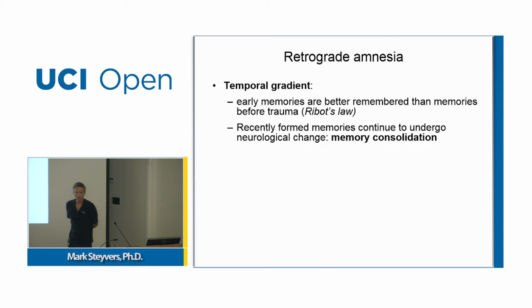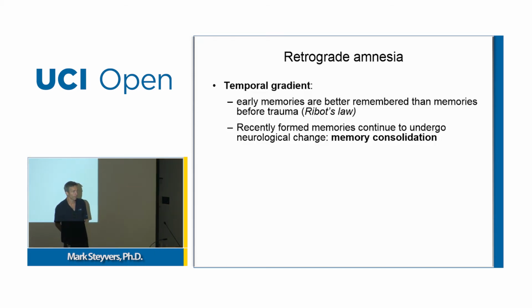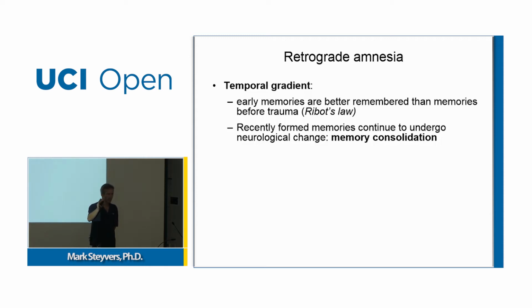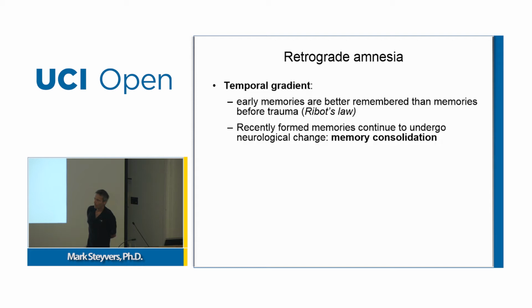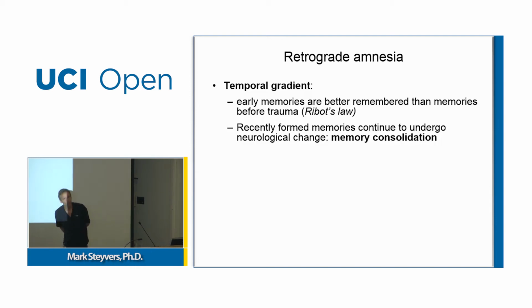For normal people, more recent events are better remembered than events that happened a long time ago, with that minor caveat of the reminiscence bump. But for retrograde amnesics, you often find these reversed temporal gradients called Ribot's law, where the early memories are actually better remembered than the more recent memories before the trauma.